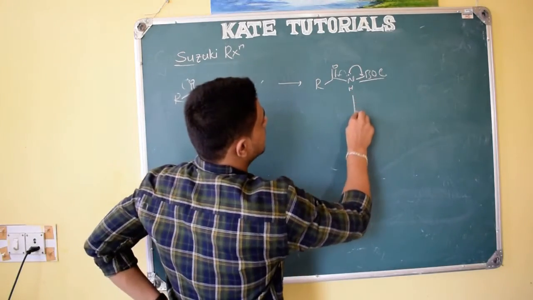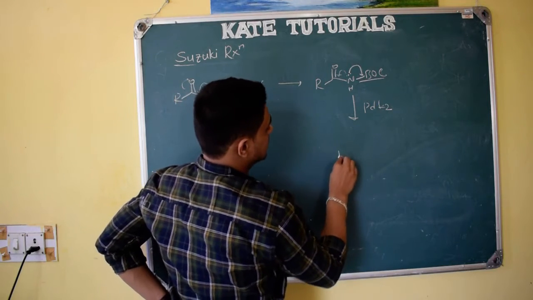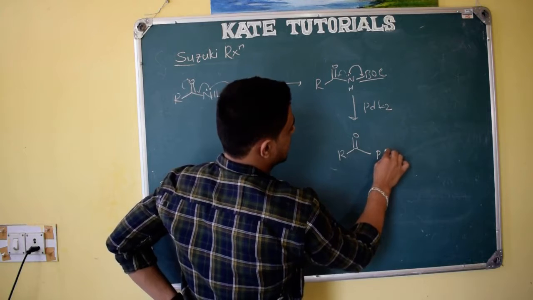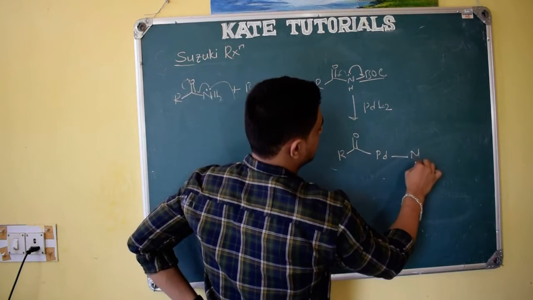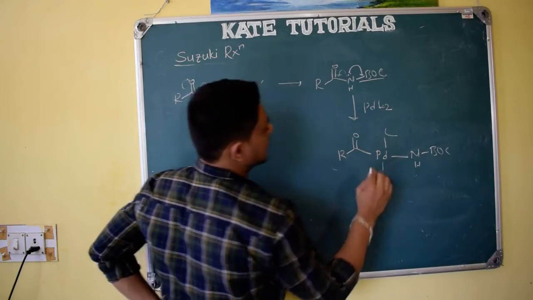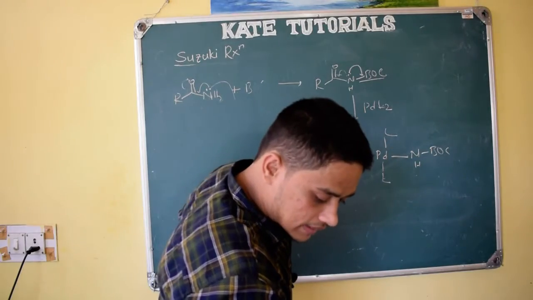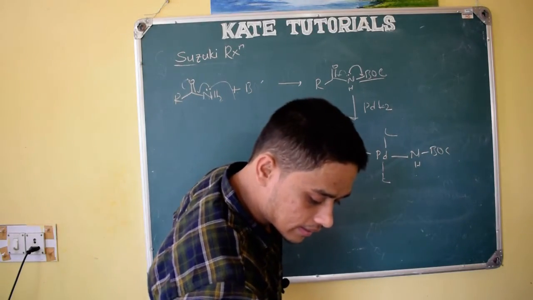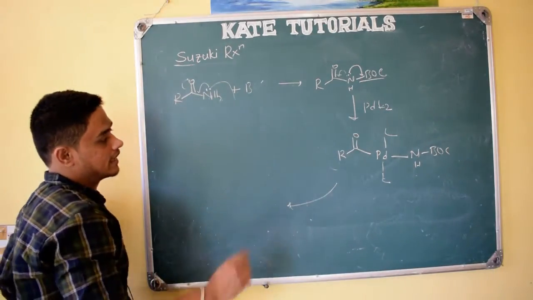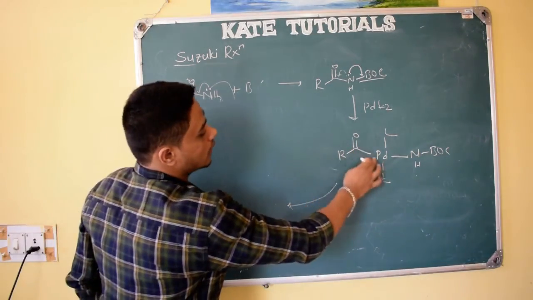So here he added a palladium catalyst, PdL2. What happens? The palladium inserts between this bond. So here Pd, and nitrogen protected with Boc, and here ligand and here ligand, right? In the transmetallation step, we want the ketone, right?